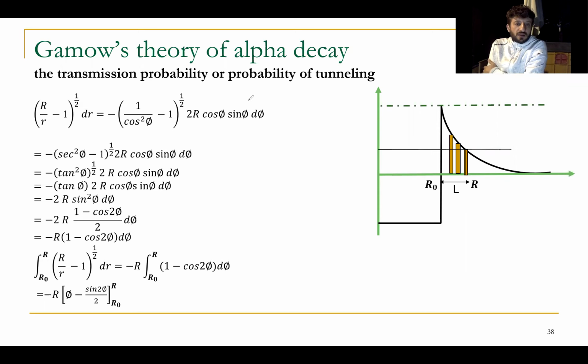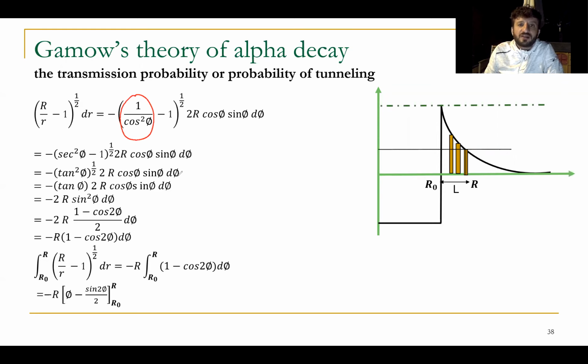So 1 over cosine square phi equals secant square phi, minus 1, power half, 2R cosine phi sine phi d phi. Secant square phi minus 1 equals tangent square phi.